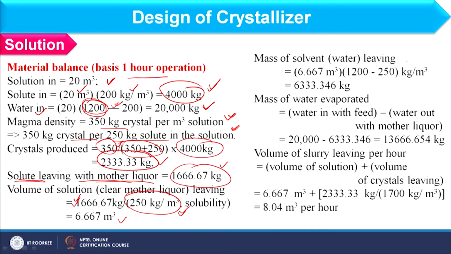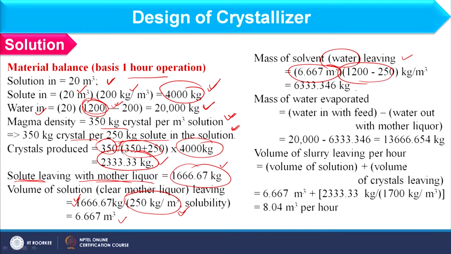Okay. And further we have to make the balance on the solvent side. So, the mass of the solvent, which is water, leaving the crystallizer is the total volume leaving, that is 6.667, times 1200 minus 250. Here 1200 is the density of the solution, minus 250 which is at saturation condition.